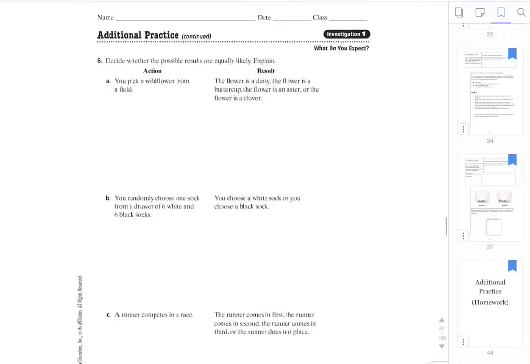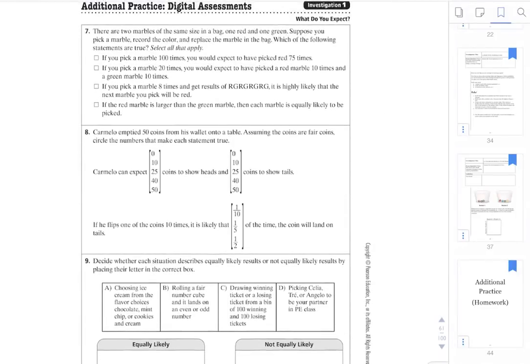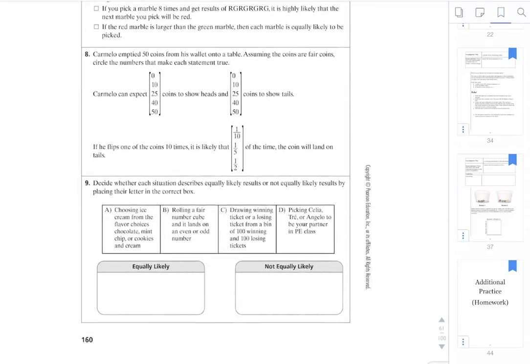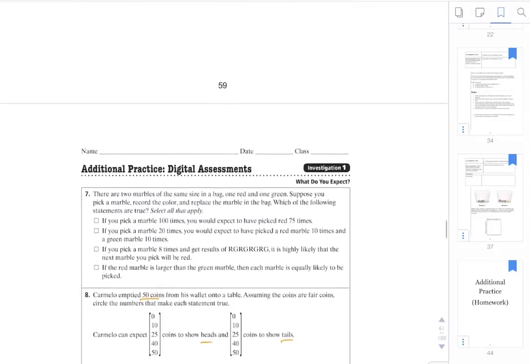This is a multiple answer solution section, and it gives you possible choices. This is the one that we covered, likely or equally likely, and the probabilities of what you can get out of coin flips. 50 coin flips, how many do you expect to be heads, how many do you expect to be tails, etc. Okay, go and finish those two.